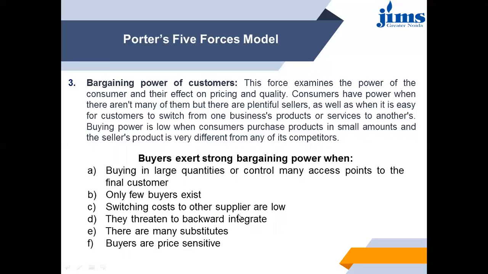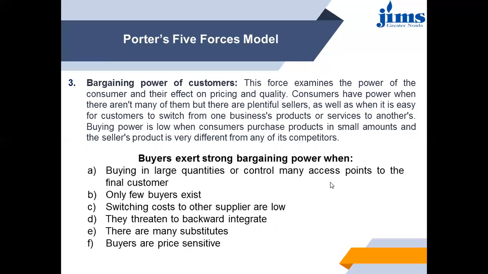Switching costs to other suppliers are low. They threaten to backward integrate. There are many substitutes. Buyers are price sensitive. So the buyer's power increases when buying in large quantities or controlling many access points to the final customer, and when there are not limited suppliers but so many suppliers.